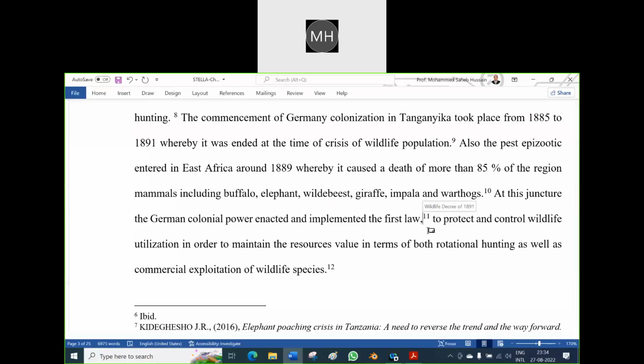Say yes or no. Can you write the comma there? No, you are not supposed to write it. First law, then the footnote number, "to protect and control the wildlife utilization in order to maintain the resource."